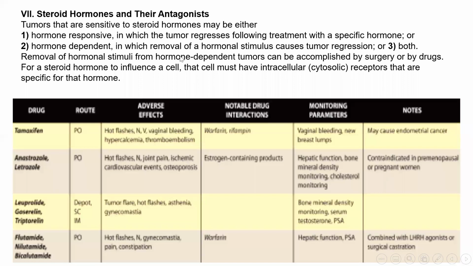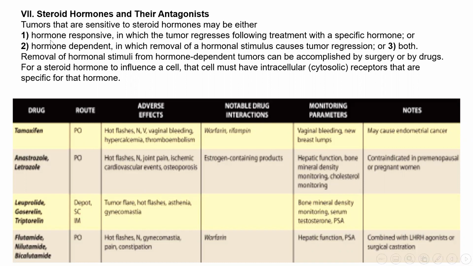So here we're done with the microtubule inhibitors, and this is a new class in chemotherapy: steroid hormones and their antagonists. Some tumors are responsive to hormones in a certain way. We have, in general, three types of tumors that respond to hormones in certain ways.